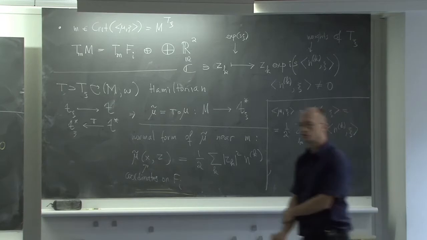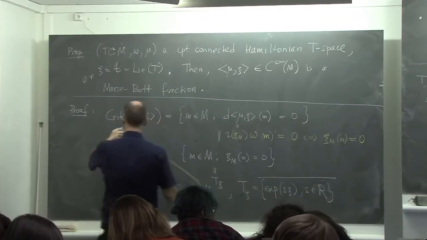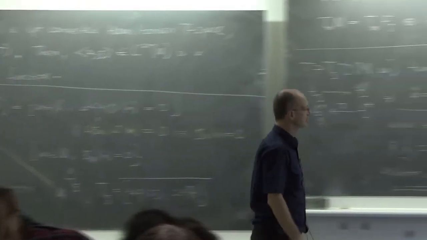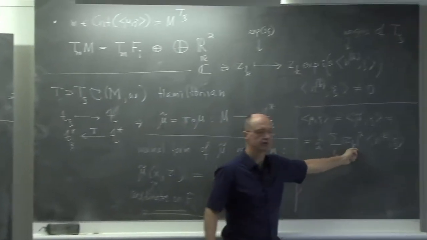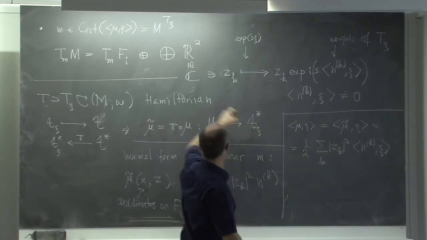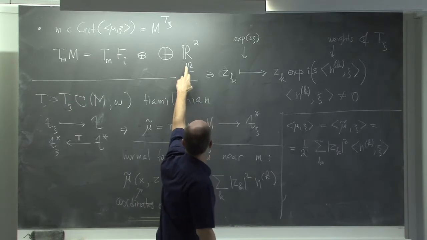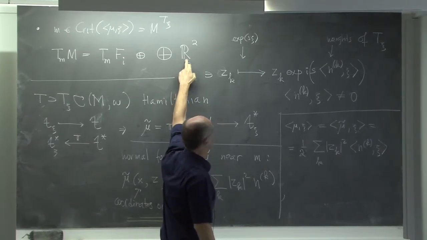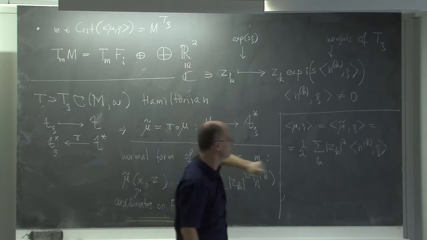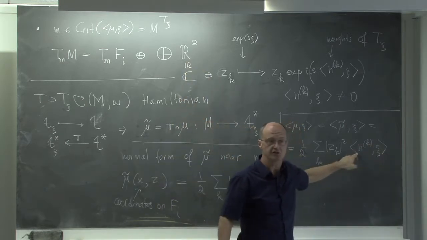So near a critical point in some well-adapted coordinates, the function mu psi looks like a sum over squares of the corresponding zk's, which means squares of the Euclidean distance on the corresponding R2s times some coefficients.